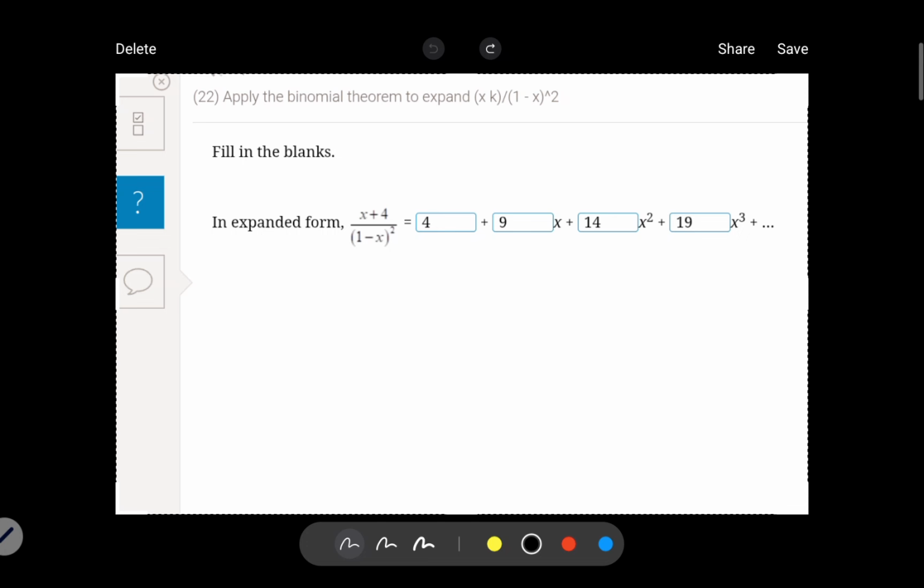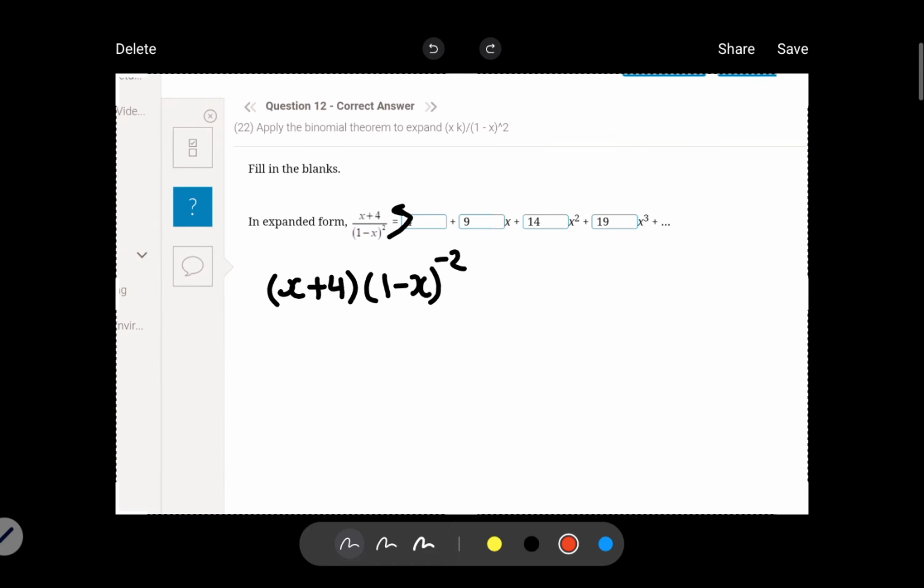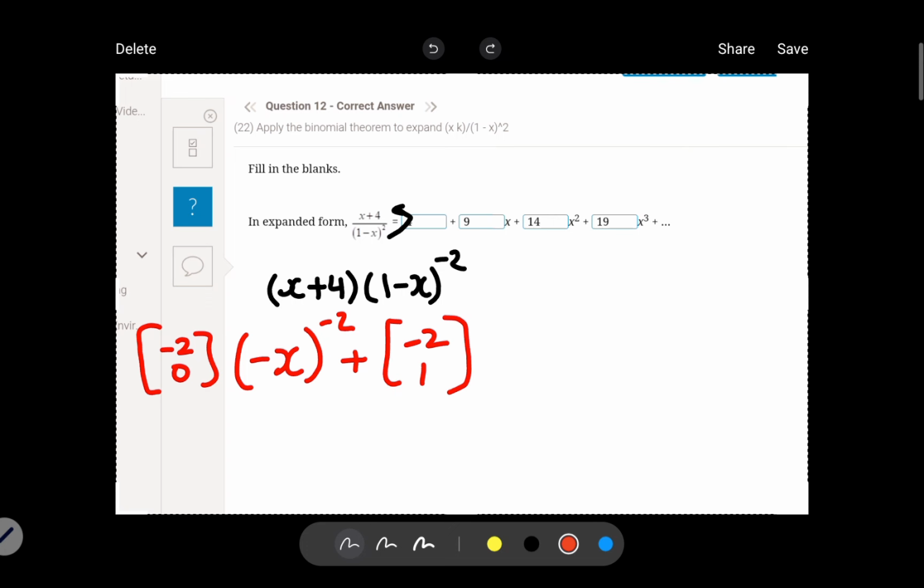So we move this up to be x plus 4 and 1 minus x to the power of negative 2. We expand it. Negative 2, 0. We don't put the 1 because it will always be 1, so why waste time? Plus negative 2, 1, and negative x to the power of, sorry, this is not negative 2, this is supposed to be 0.